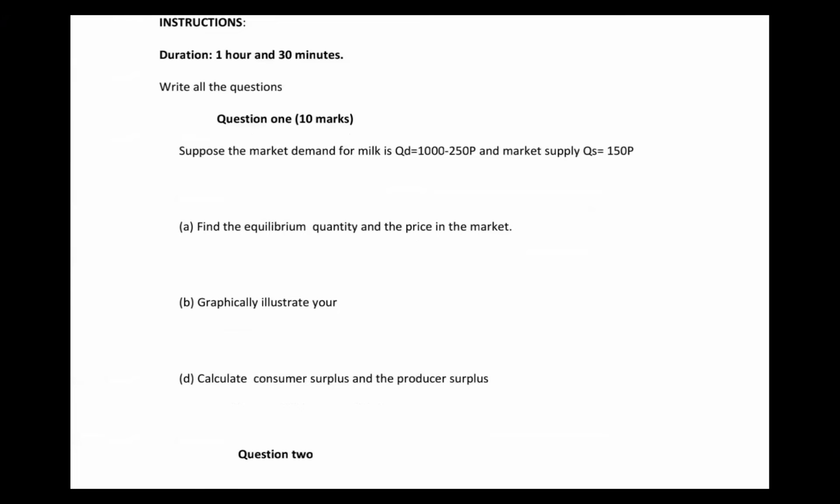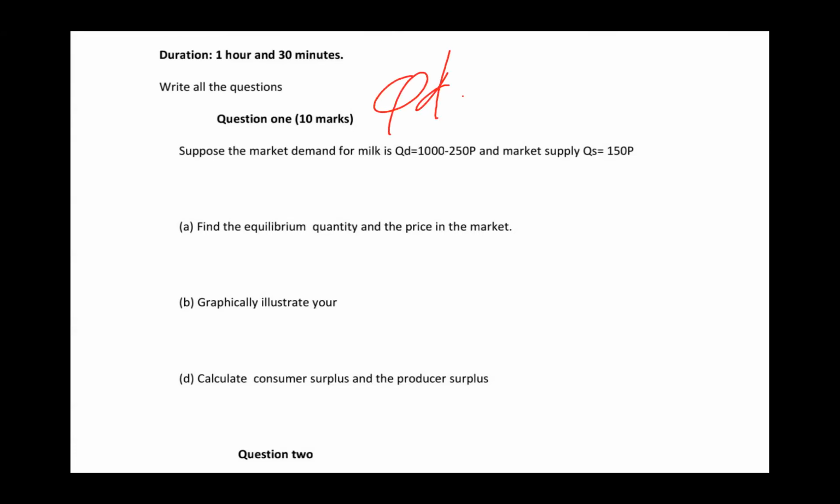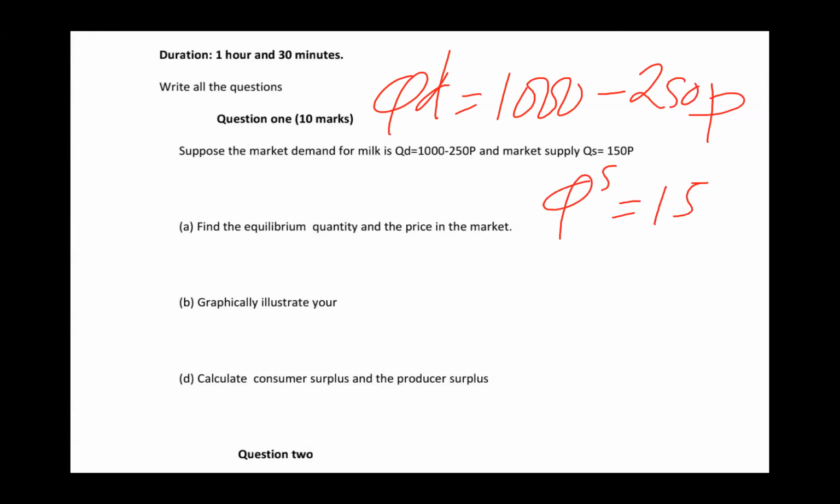The question says, suppose the market demand for milk is given as the quantity demanded equals 1,000 minus 250p, and the quantity supplied function is equal to 150p. Find the equilibrium quantity and the equilibrium price in the market.